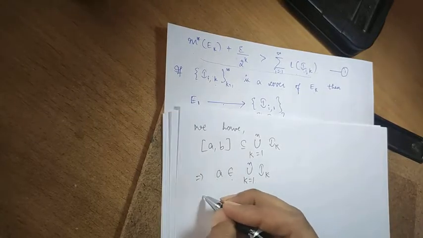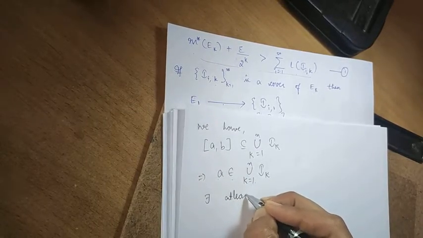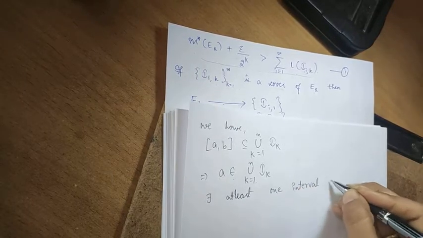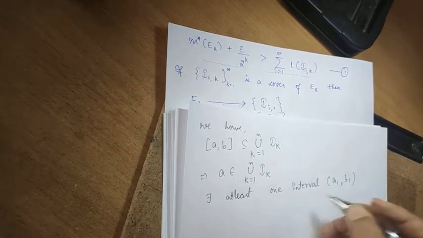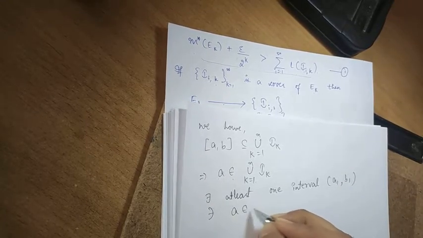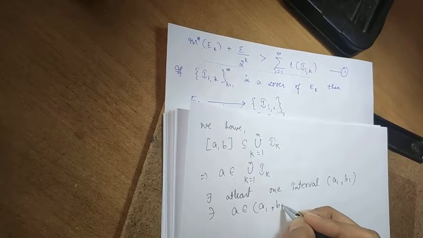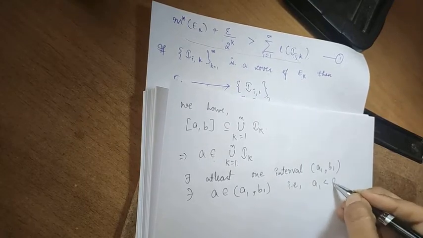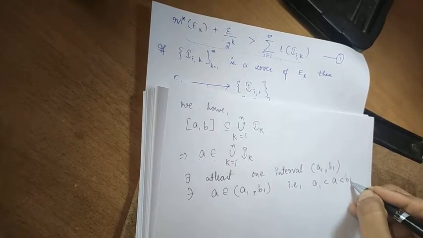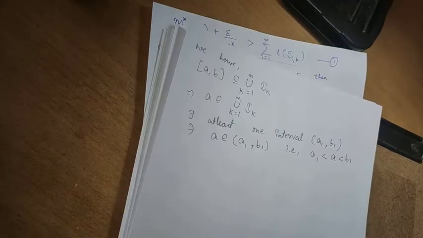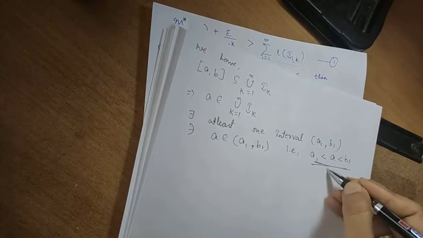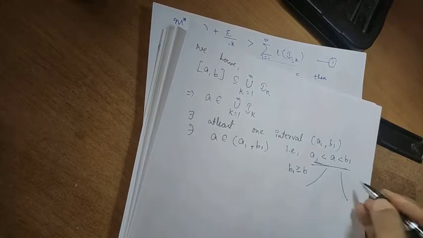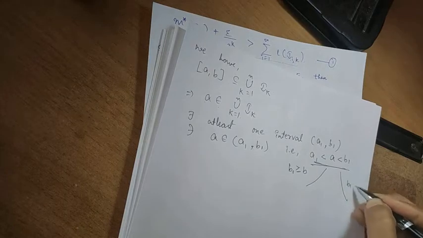So from this there exists at least one interval a1 comma b1 such that a belongs to the open interval a1 comma b1, that is a1 will be less than a and a will be less than b1. Here I will get two cases. One is b1 is greater than or equal to b and another is b1 is less than b.